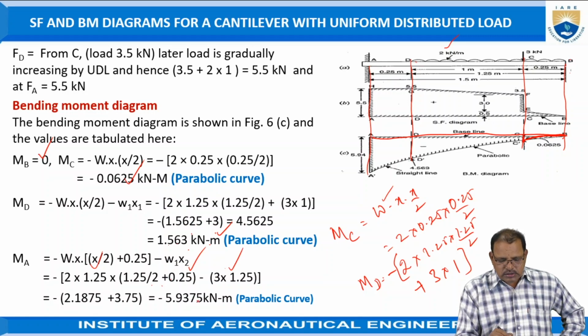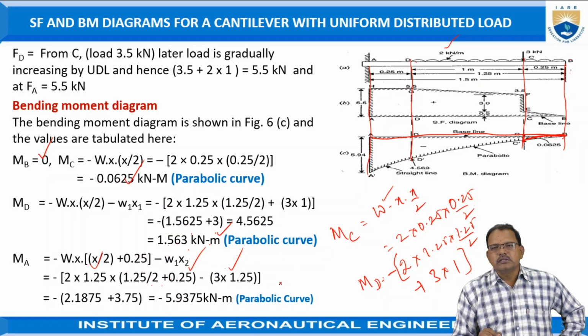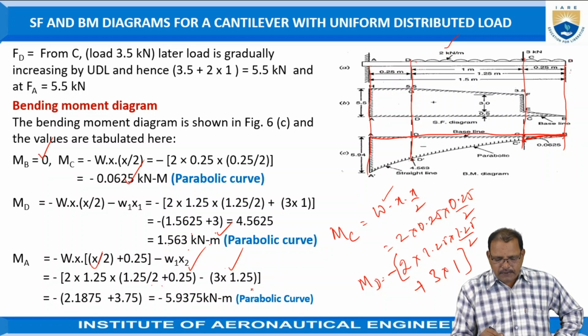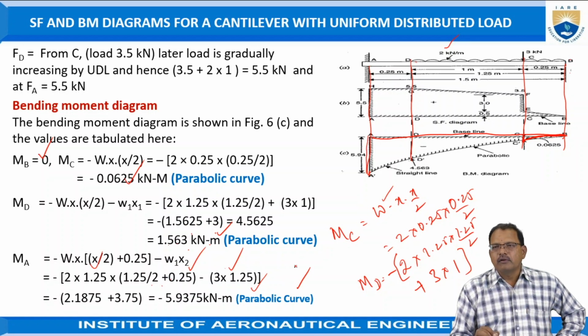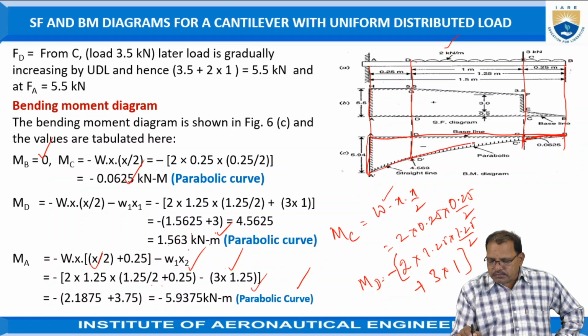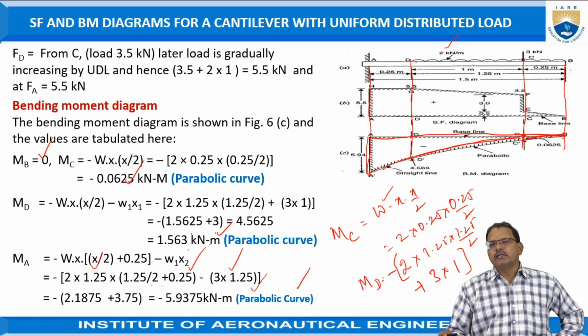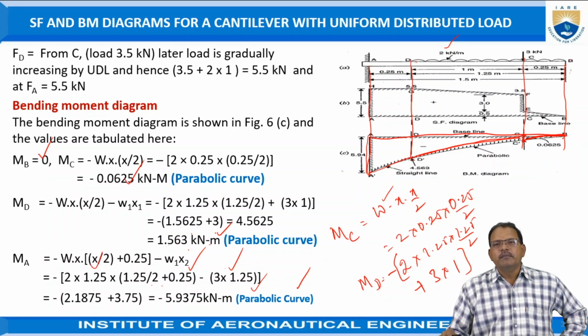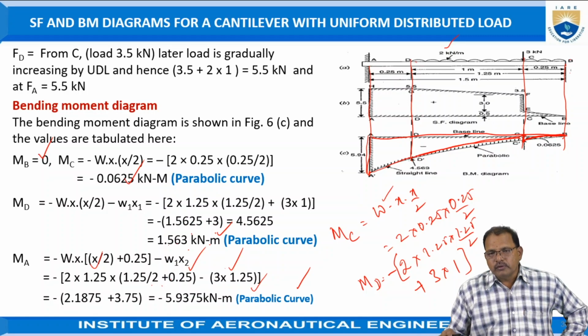So on doing calculations, the value is equal to minus 5.9375 kilonewton meter. So you have to take the distance as a vertical line. Just join all the points by a parabolic curve. This diagram is representing the distribution of bending moment over the entire span.